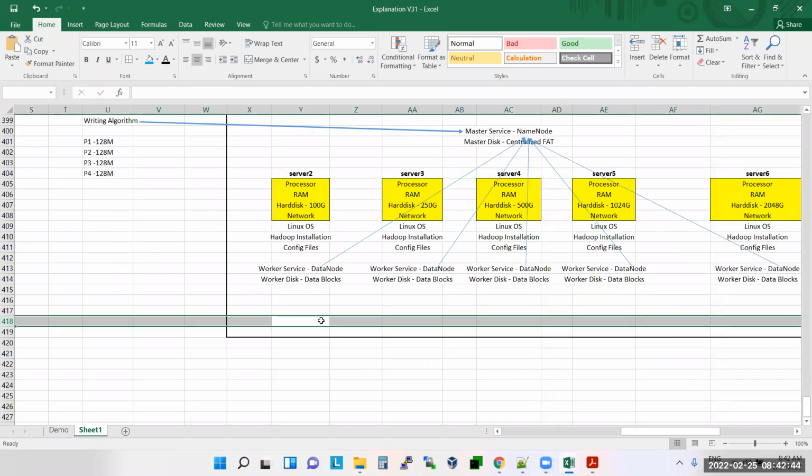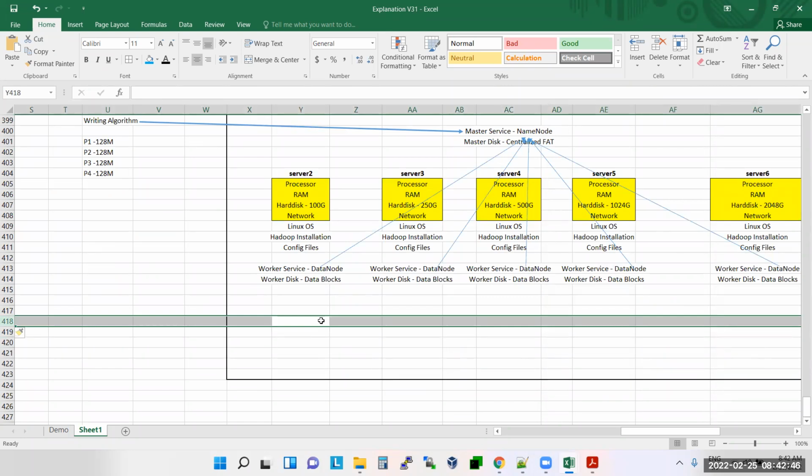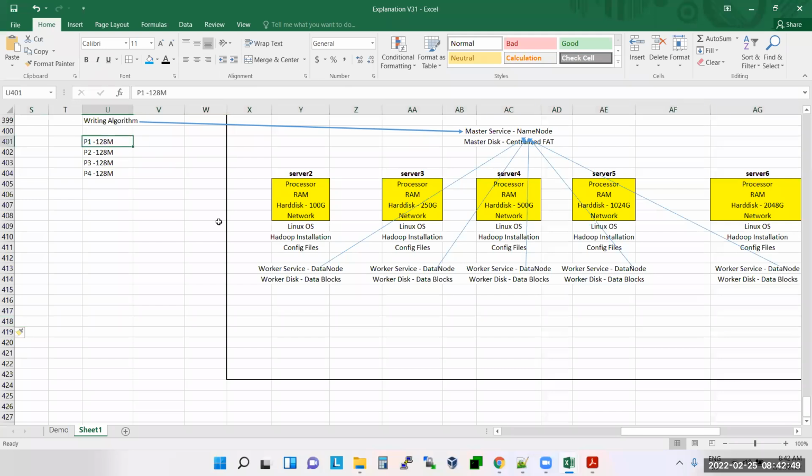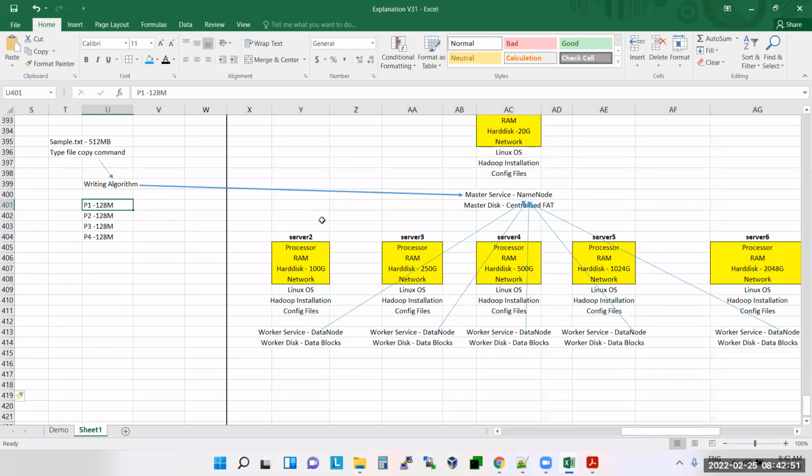Understood, guys? So at the end of the day, what name should we give to each piece? Who will decide? The name node will decide. The name node is the one who gives the unique block numbers. Let's say 001 is given here. The name node tells it where to write, on dn1, dn2, dn3.